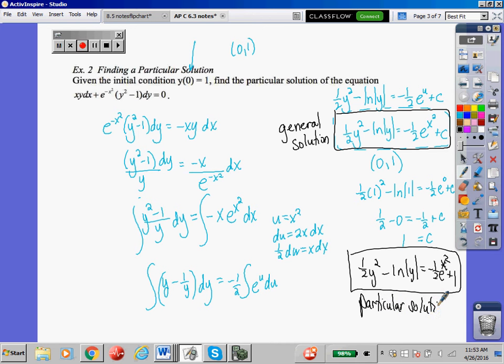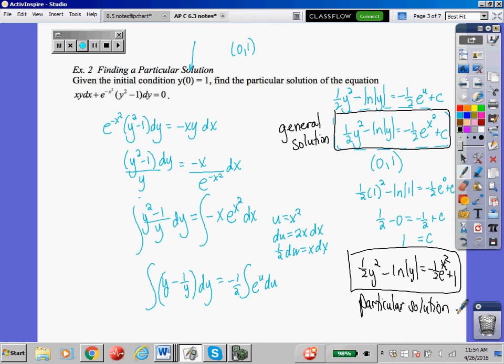And I'll step out of the way here. So keep in mind, when you're solving differential equations, you will always come up with the general solution first, whether you wanted it or not. You will get it. Then you'll be given some kind of initial condition, some kind of ordered pair.